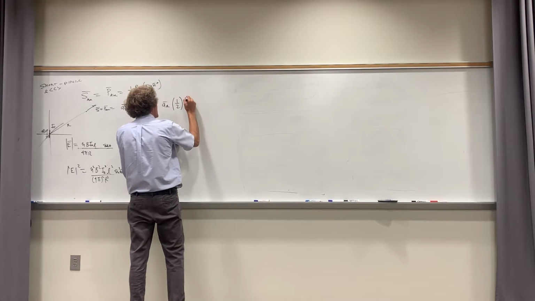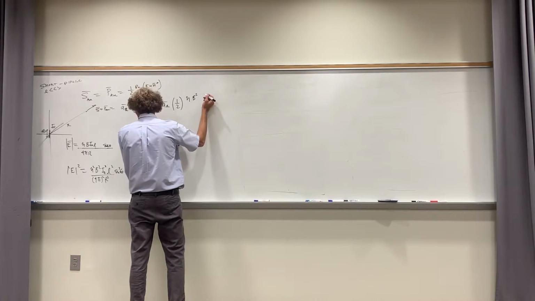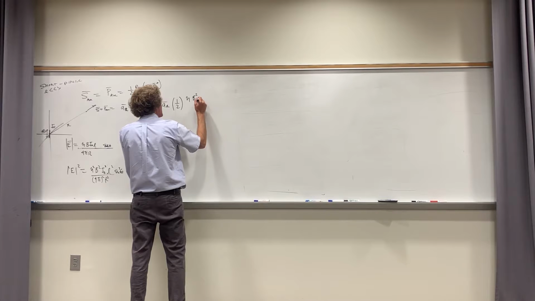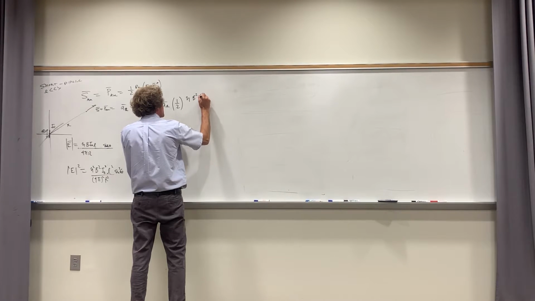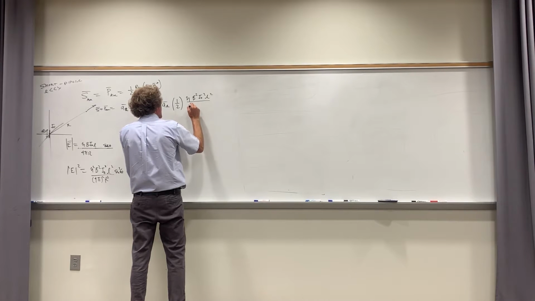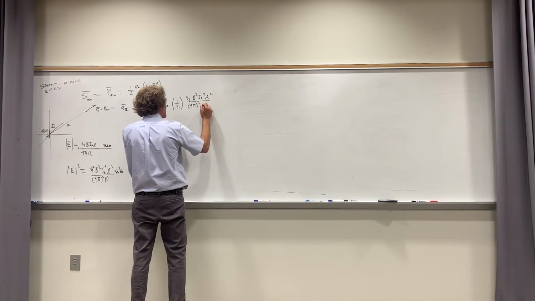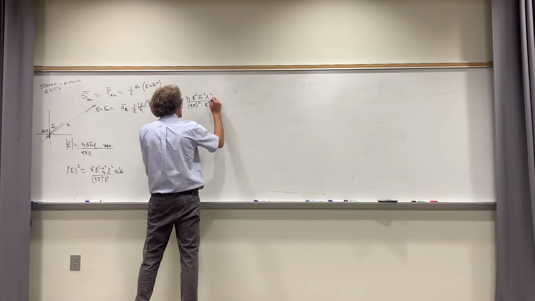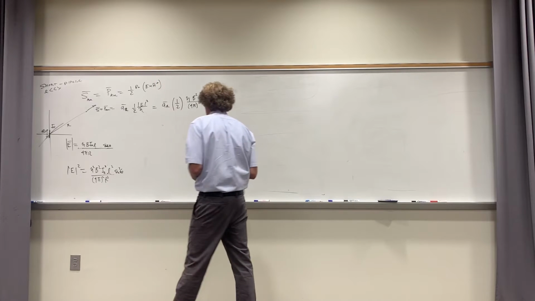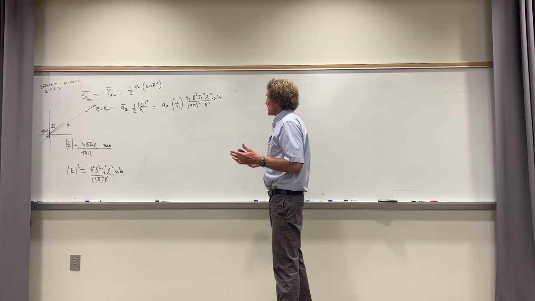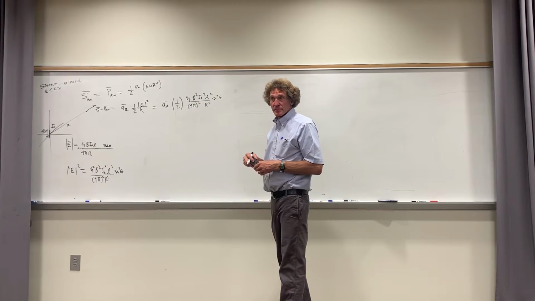Now it's just going to be eta beta squared, right, times I naught squared, L squared over 4 pi quantity squared times R squared times sine squared. And that's the power density. No matter how you cut it, that's it.